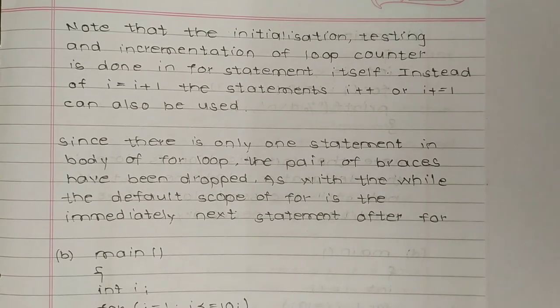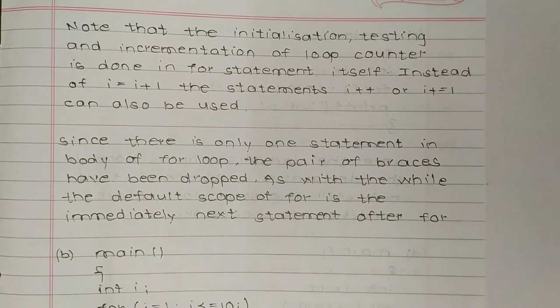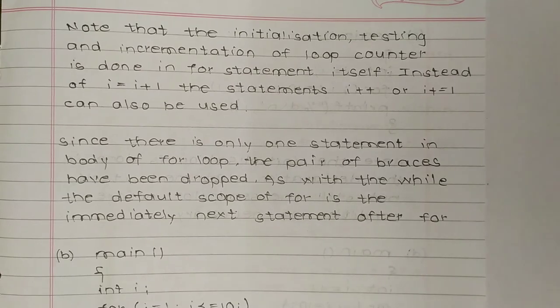Since there is only one statement in the body of the for loop, the pair of braces has been dropped. As with the while, the default scope of for is the immediately next statement after it.